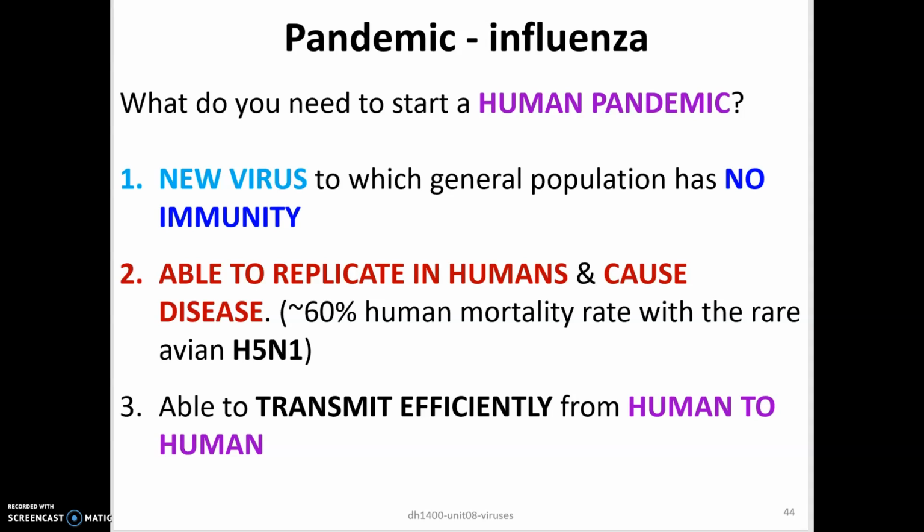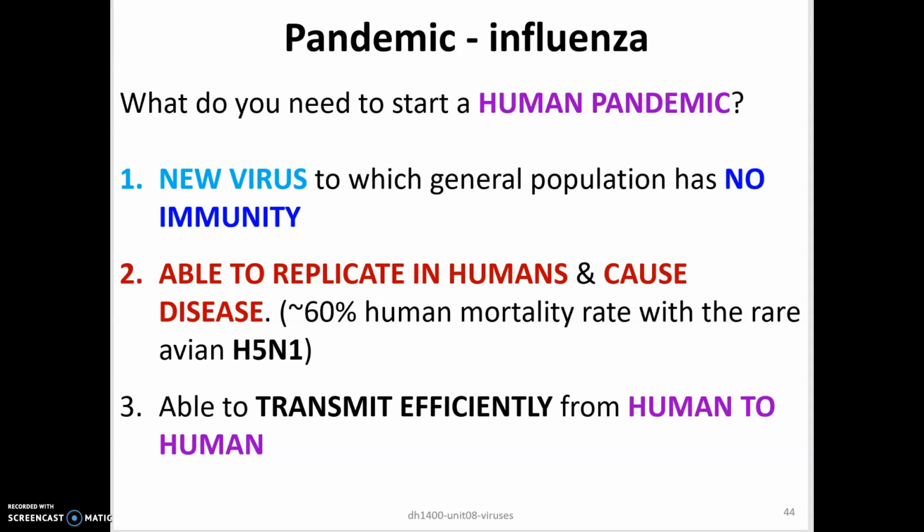Now, the second part of a pandemic is that the virus is able to replicate in humans, and it can cause disease. One example we're given here is H5N1, the avian flu, which was a rare flu. It wasn't terribly common, but it had a 60% human mortality rate. That meant that 60% of the people who were infected died because of it.